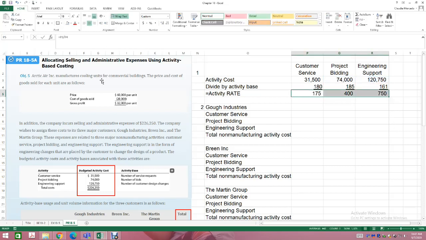Okay. Let me get this right here. So, I'm going to charge $175 per customer service request, $400 for every project bid, and $750 for every engineering support change. Okay? So that is requirement 1.